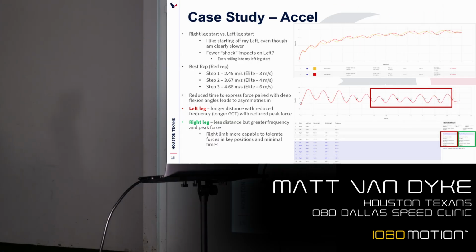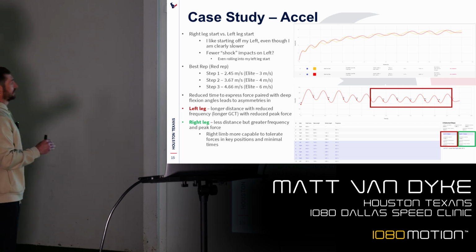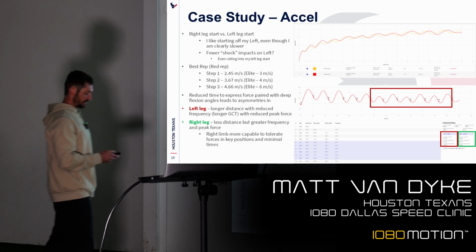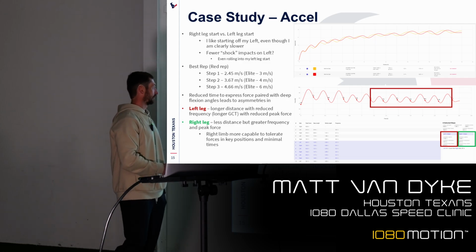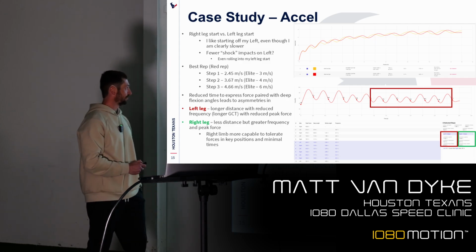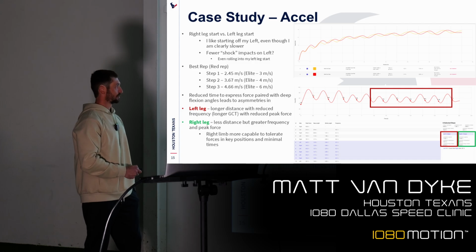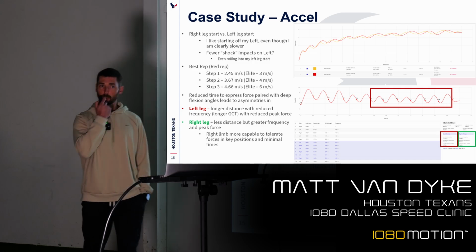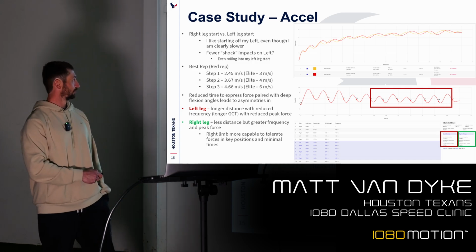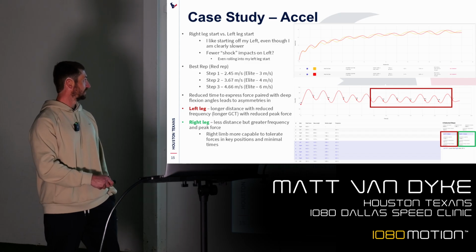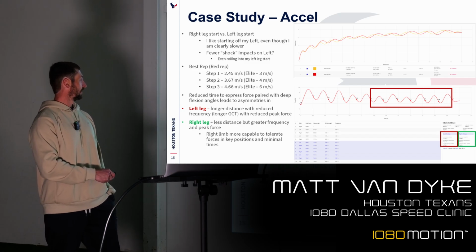1080 now. This is me in an acceleration. I did a right leg start versus a left leg start here. So I'll walk you guys through this. Again, this is the beauty of what 1080 is. Just like the force traces that we looked at on the force plates, this is actually speed over position for me.